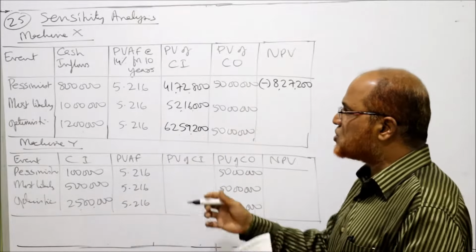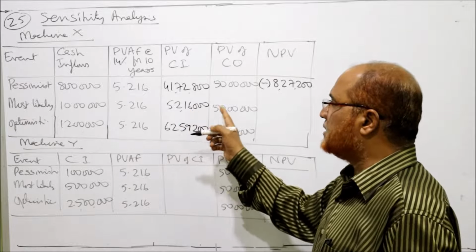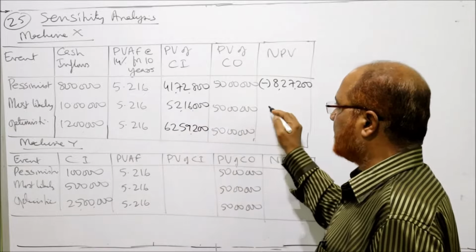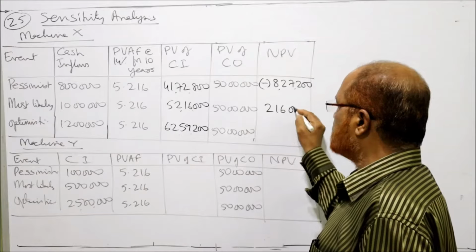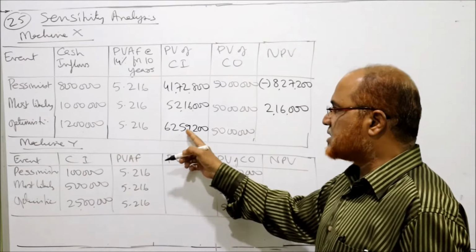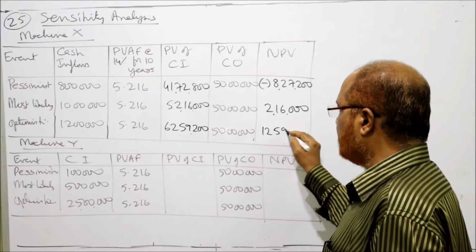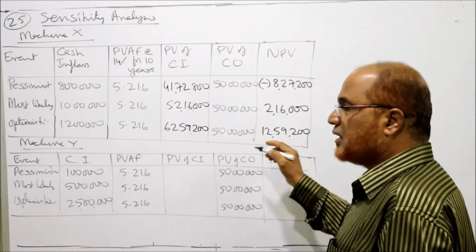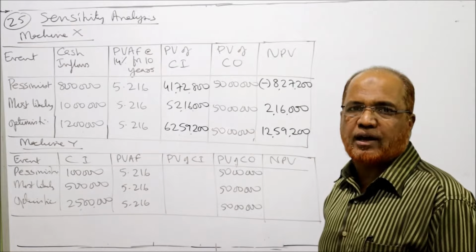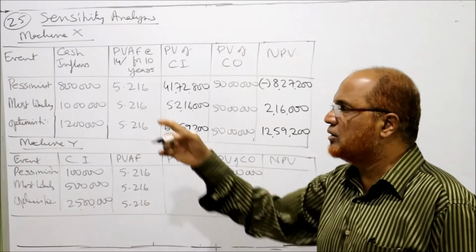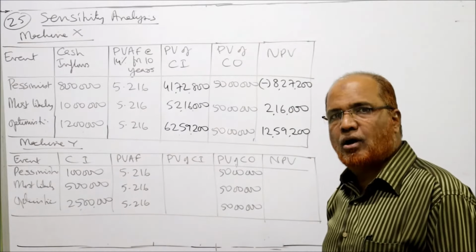If the situation is most likely, 52 lakh 16,000 minus 50 lakh, 2 lakh 16,000 positive. 62 lakh 59,200 minus 50 lakh, the 12 lakh 59,200. These are the 3 NPVs of machine X, depending on the situation: pessimistic, most likely, optimistic.